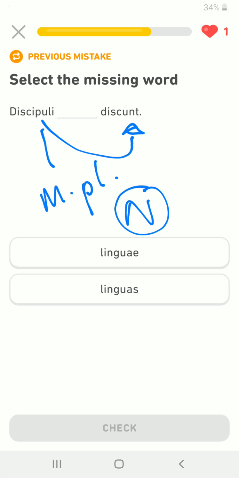So I would say they are learning linguae. Yeah. But the last time, well, maybe this one is plural. This is female plural.